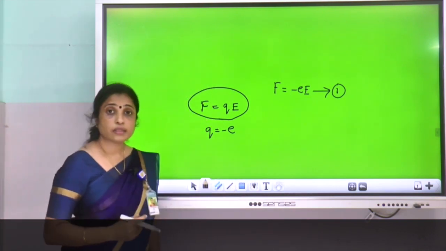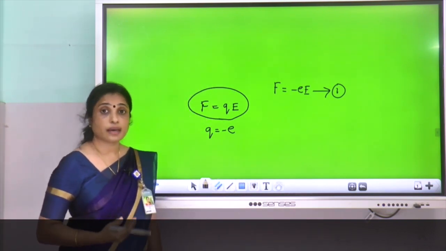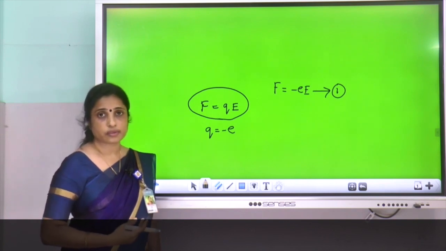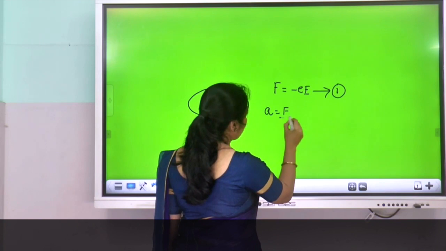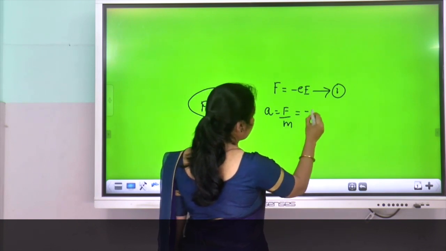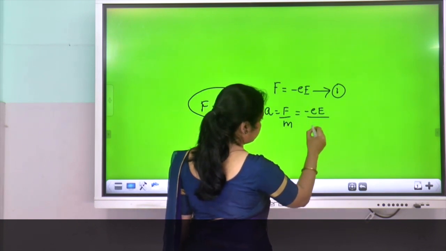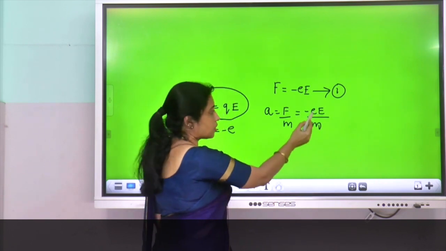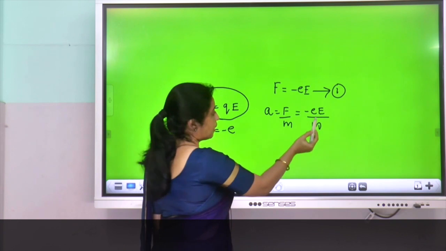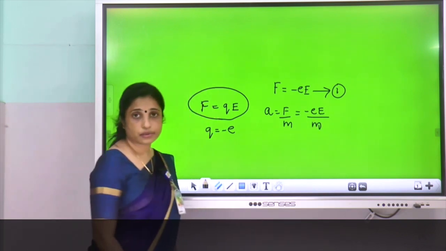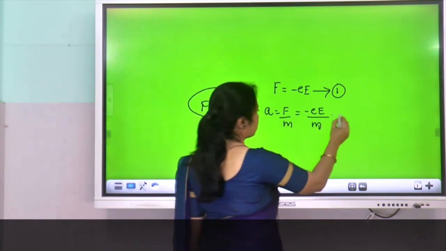Now these free electrons experience acceleration due to this force, and it can be written as a is equal to F by m, which is equal to minus eE by m. Here e is the charge of an electron, capital E is the applied electric field, and m is the mass of the electron. Let me mark it as equation 2.